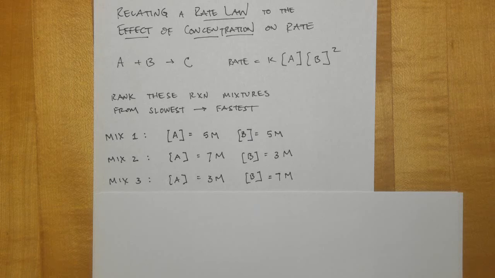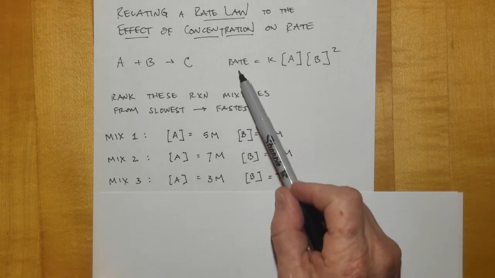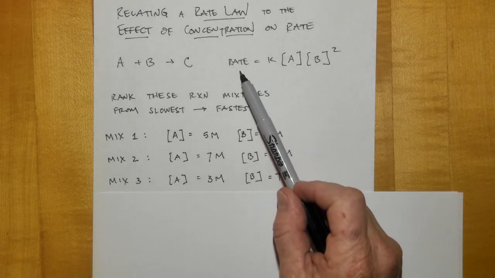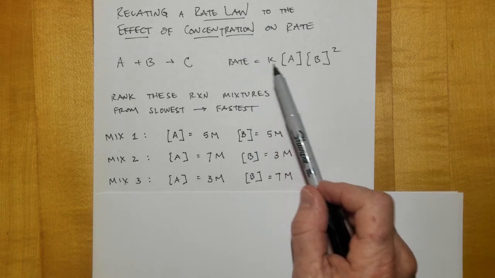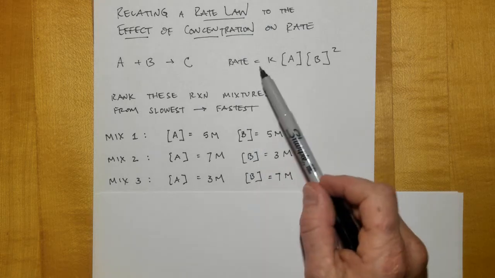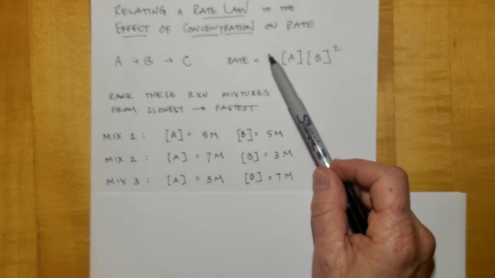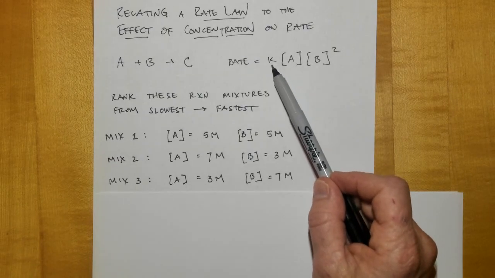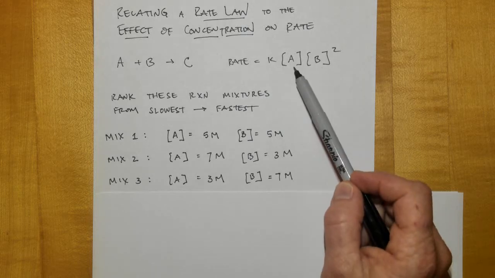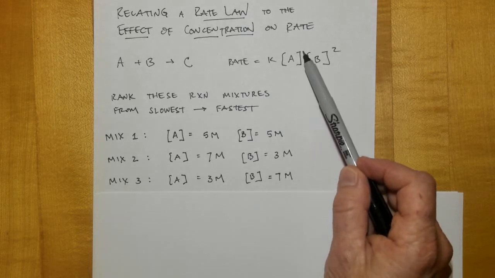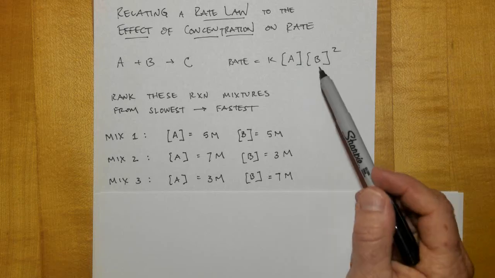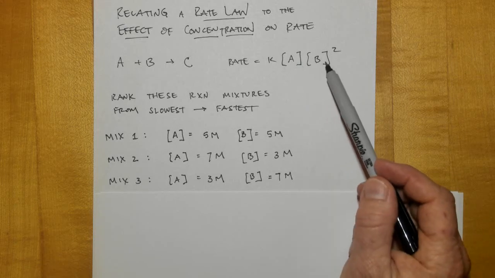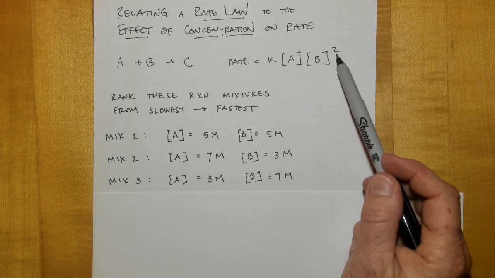So remember, the rate expression, also known as the rate law expression, sometimes just known as the rate law, tells you that the speed of the reaction is equal to a unit called K, which is called the rate constant, remember it's a small letter k, times the concentration of one reactant to a certain power called an order, times the concentration of the second reactant to a power that's called an order.